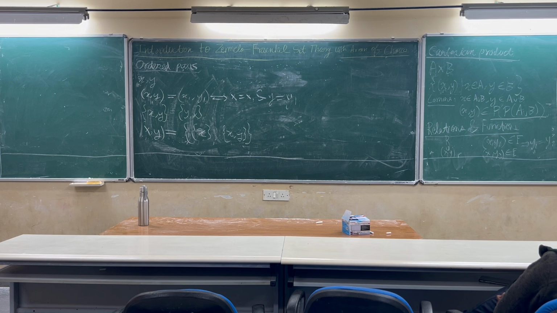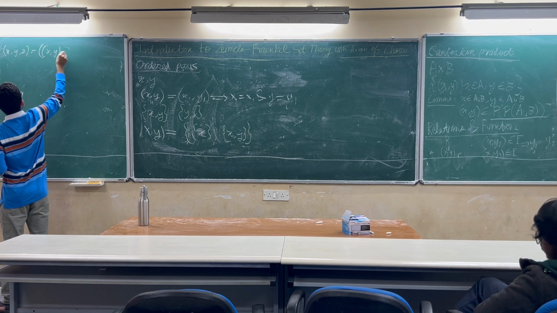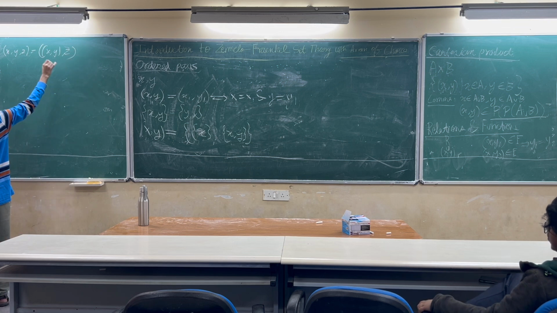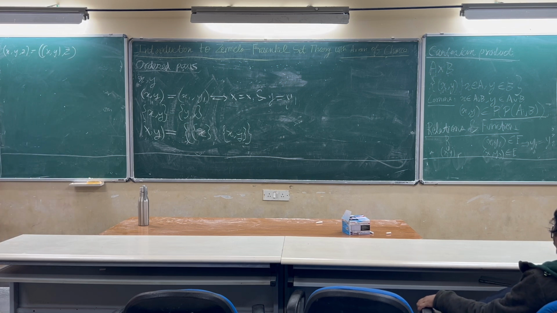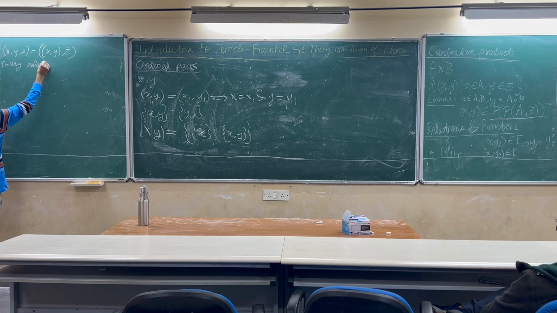Okay, and then similarly we can generalize to ordered triples: we just look at an ordered pair where one member itself is an ordered pair. And using this you can define n-ary relations or the Cartesian product of more than two sets.